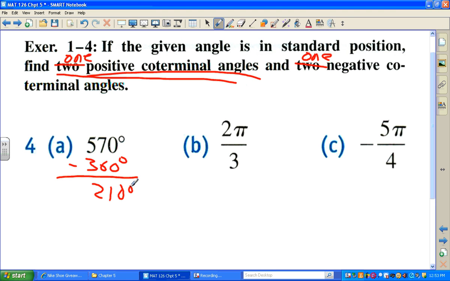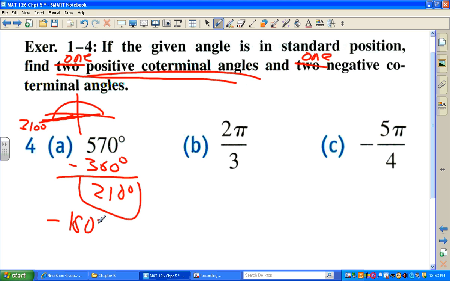What about a negative angle? Yeah, negative 150. Those are both coterminal, right?